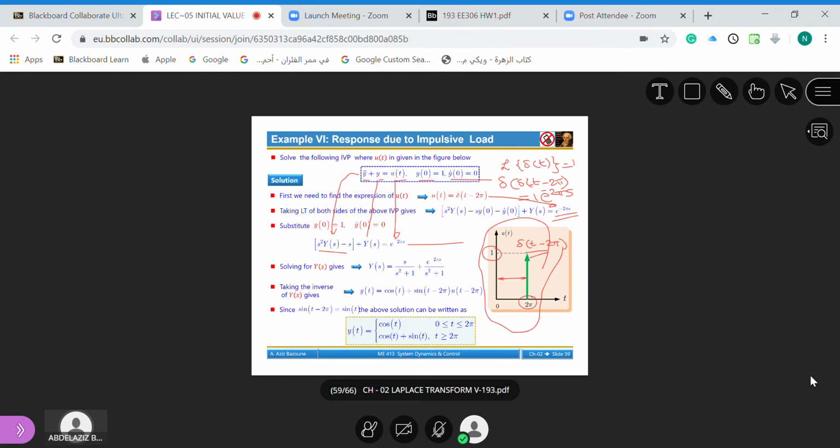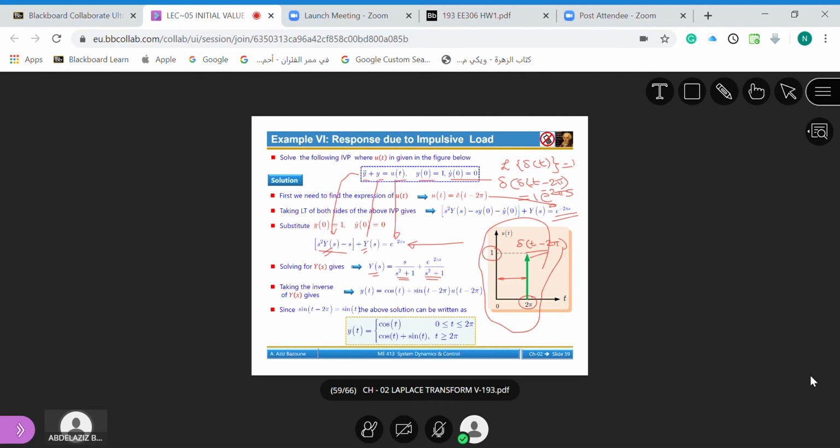All you have to do now is to solve for y of s. You have y of s common here. You solve for y of s, and you will find y of s will be equal to s, this one you take it there, divided by s squared plus 1, plus exponential minus 2 pi s over s squared plus 1.